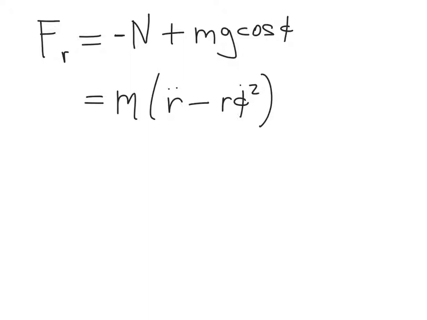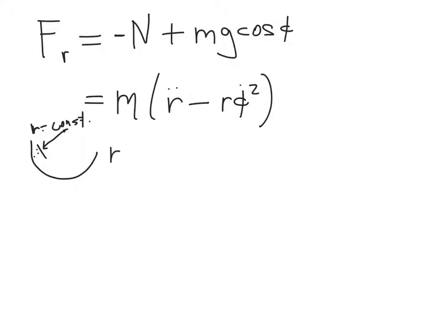Okay, perfect. Now, in order for our skateboarder to remain on the half pipe, we require that the radial distance from the center of the half pipe to the skateboard has to be a constant. In other words, that radial distance can't change.